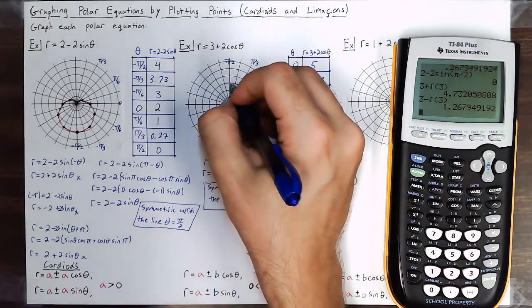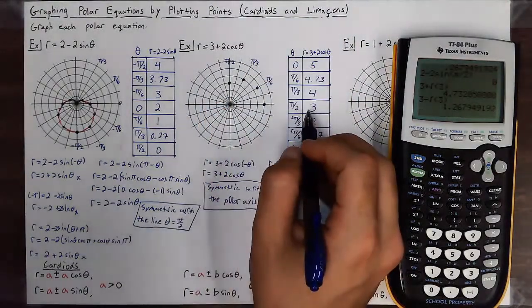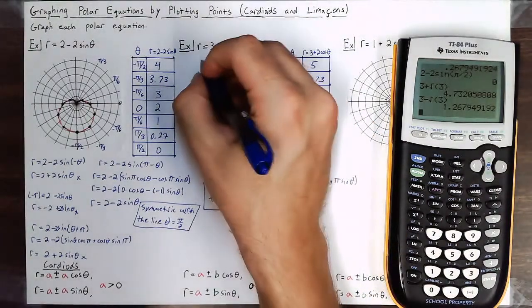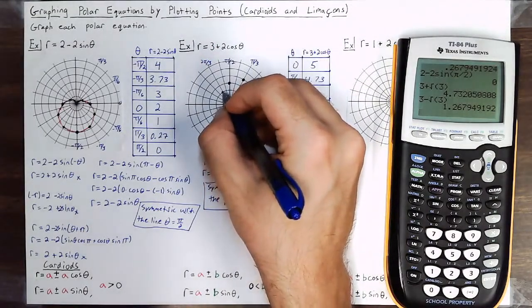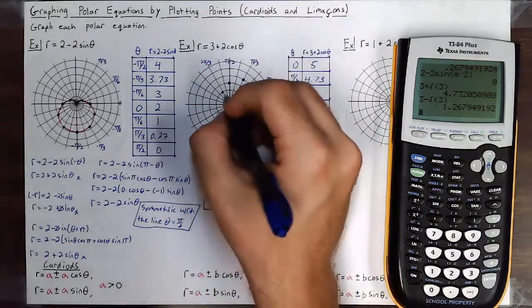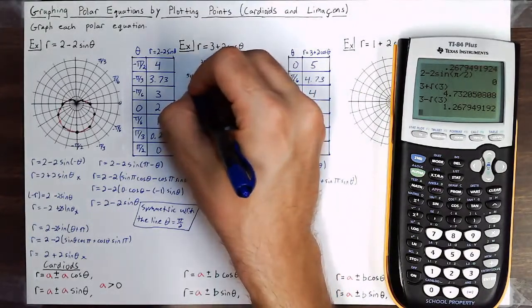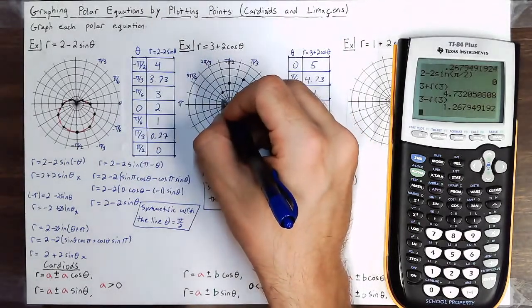So 1, 2, 3. And then 2 pi over 3 has a radius of 2, so the next 2 tick marks over. 1, 2. 5 pi over 6 is 1.27. So 2 more tick marks over. Pretty close to 1, and then 1.